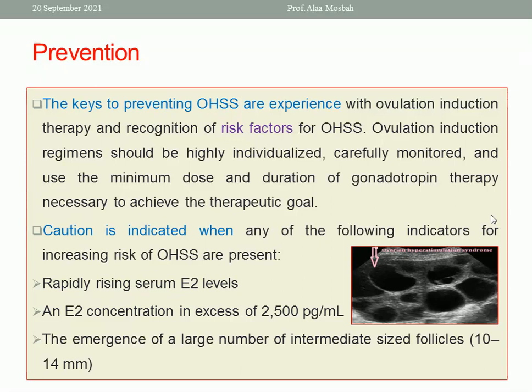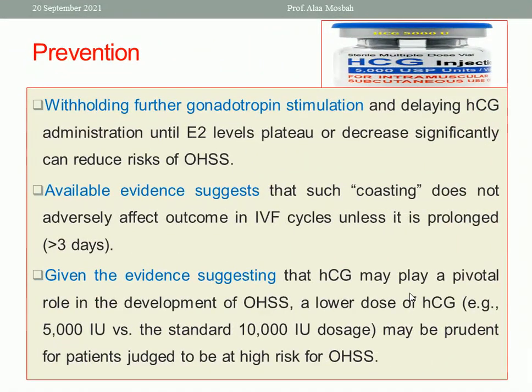Caution is indicated when any of the following happen: rapidly rising serum estradiol, estradiol concentration in excess of 2,500 picogram per milliliter, or a large number of intermediate-sized follicles from 10 to 14 millimeter, as in this picture. So take it seriously. Withholding further gonadotropin stimulation and delaying HCG administration until the estradiol level plateaus or decreases significantly can reduce the risk of ovarian hyperstimulation syndrome.